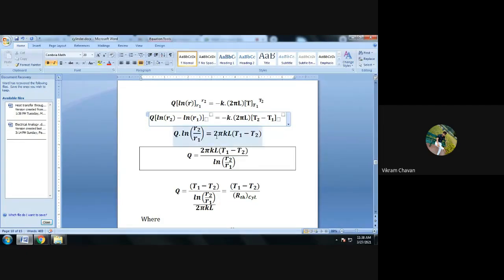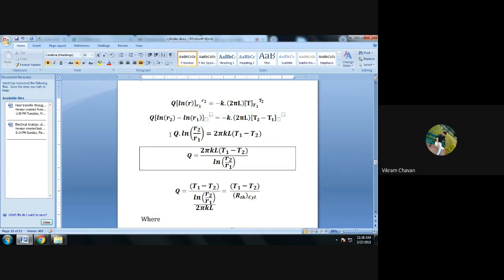So we get the equation as q multiplied by ln of r2 divided by r1 equal to 2 pi kl into bracket t1 minus t2.